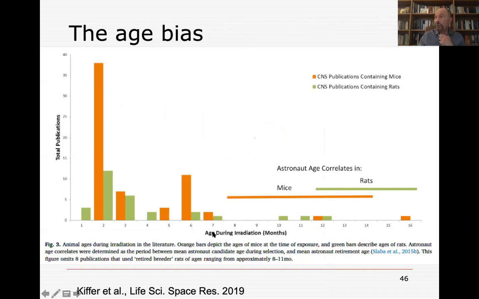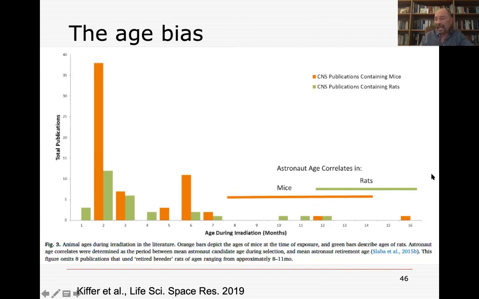This is the age of the animals, in this region here. But if you transform the age of the mice into human age, you have to correct it, since generally mice have a limited lifespan, not even 10, 15 years, and rats a little bit longer. So you see that the astronaut's age is about here for mice and about here for rats.